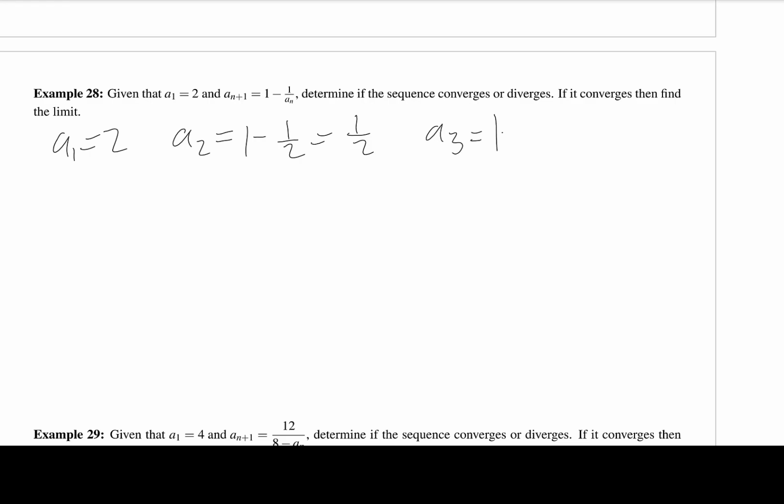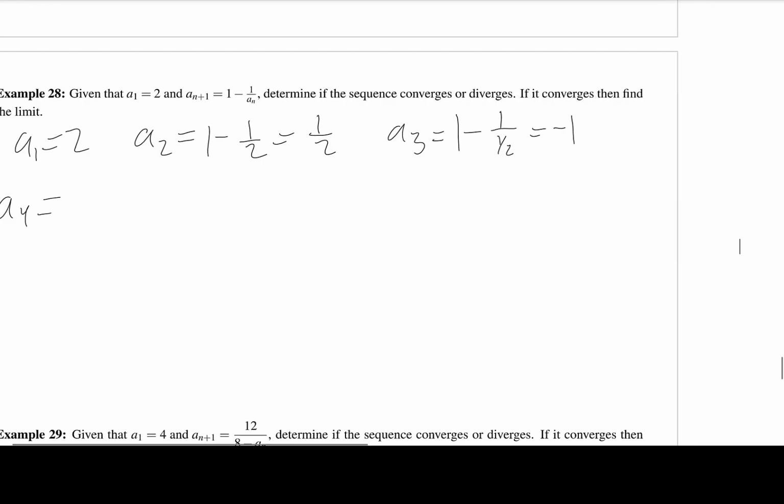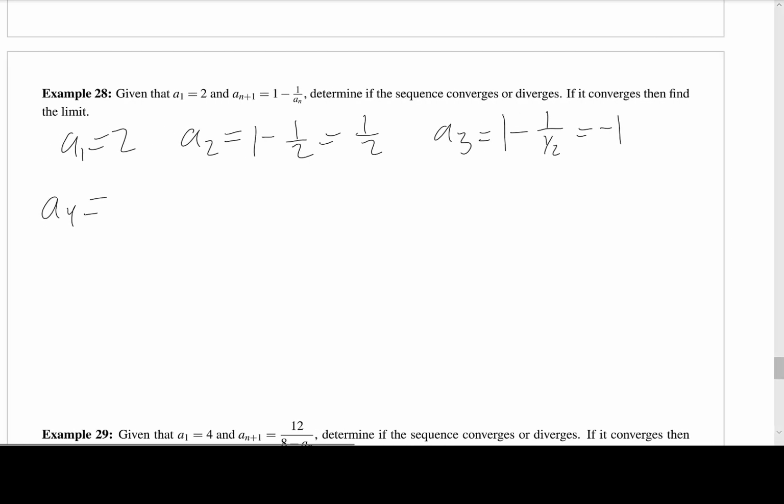A3 is going to be 1 minus 1 over 1/2, so that's 1 minus 2, which is negative 1. And then A4 would be 1 minus 1 over negative 1, so that's 1 plus 1, which is 2.